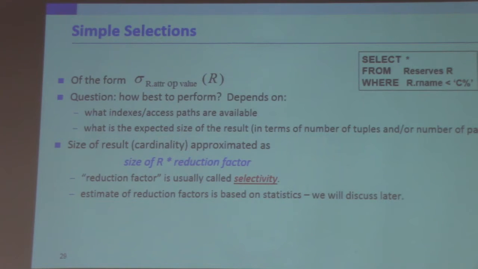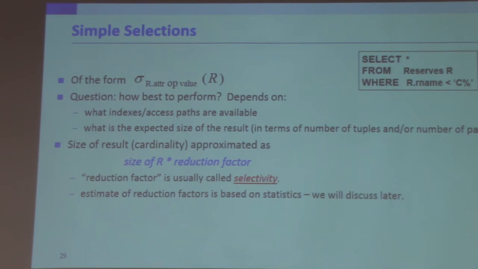Let's start with simple selection queries, which are essentially of this form. I have an attribute, a logical operator, of course, greater than, equal to, and so on, and a value, over relation R. And what's the best way to execute this query? Well, the most basic form, obviously, is to do a heap file scan.